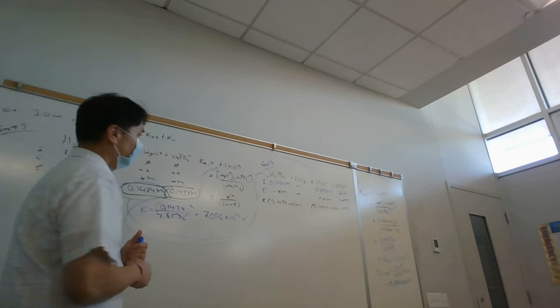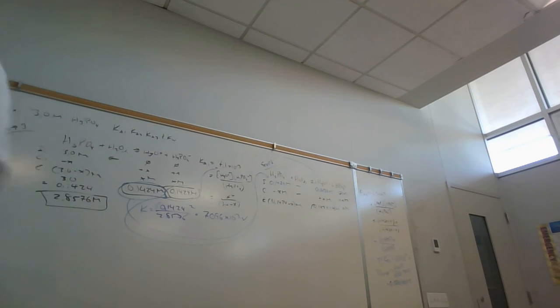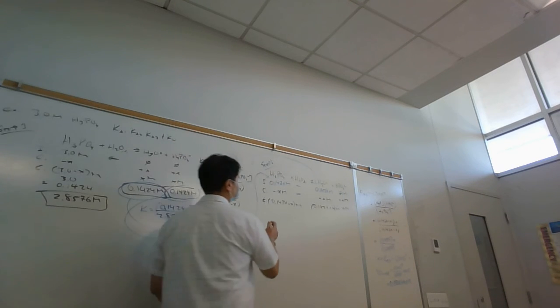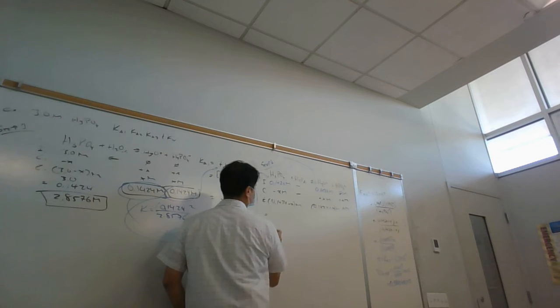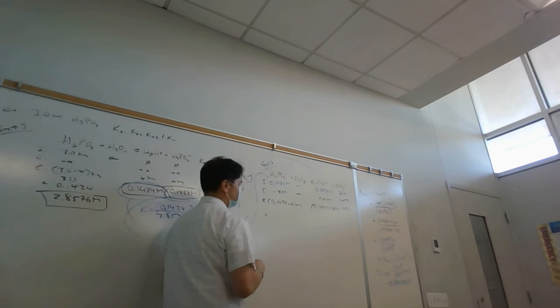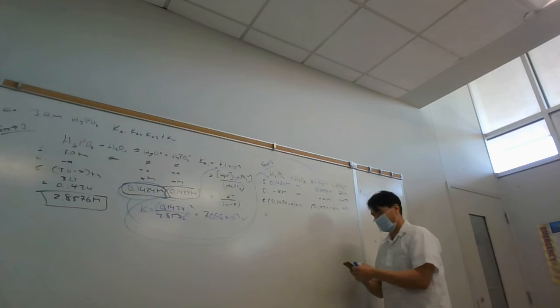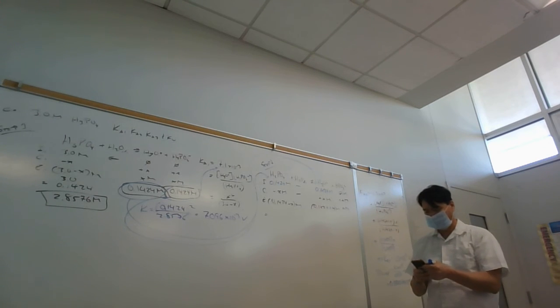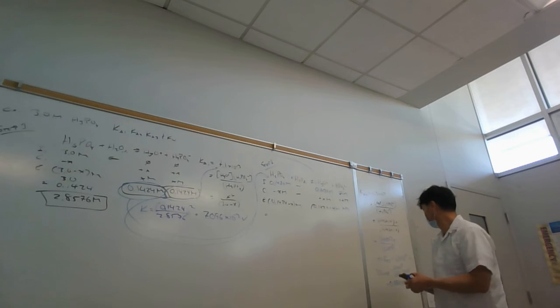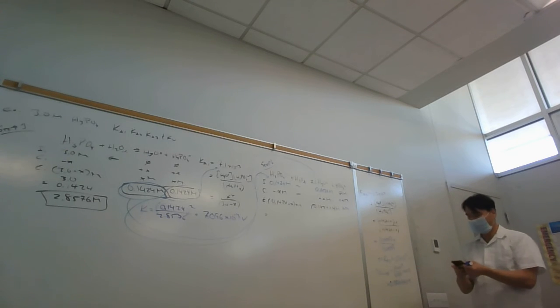Okay. So let's go ahead and calculate this now. So 0.1424 minus x. I'm just going to do that in the calculator rather than do it here. It's going to be 0.1424 minus 6.3 times 10 to the minus 8.